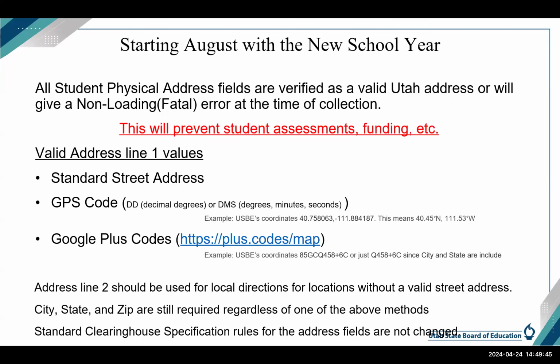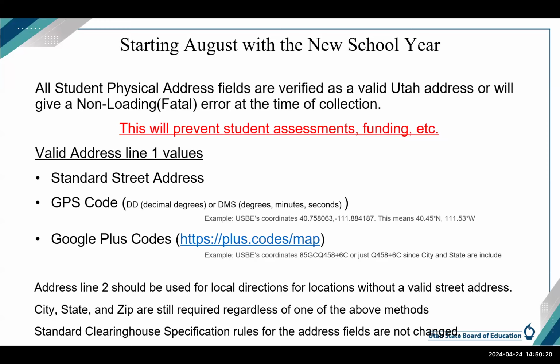It'll also better help us identify when somebody gives those GPS codes in a slightly different way, like saying "degree" instead of actually giving the symbol for degree, or "north" instead of an N, things like that. I've given the link for the Google Plus codes and reference to the full code, just to clarify that full coordinate, which is the first one that has the extra 4 characters on it.